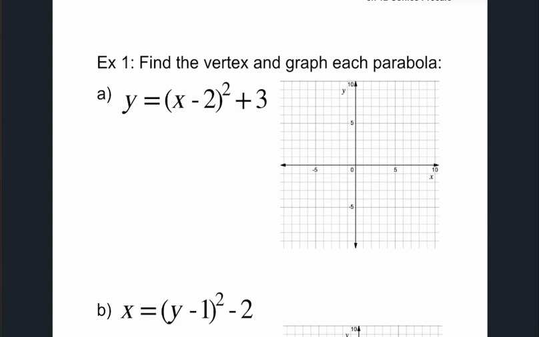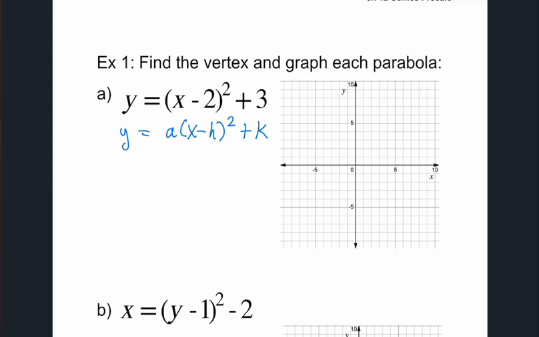So if you take a look at our first example, y equals the quantity of x minus 2 squared plus 3, the standard form or the vertex form, you might recall, looks like that. y equals a times the quantity of x minus h squared plus k.